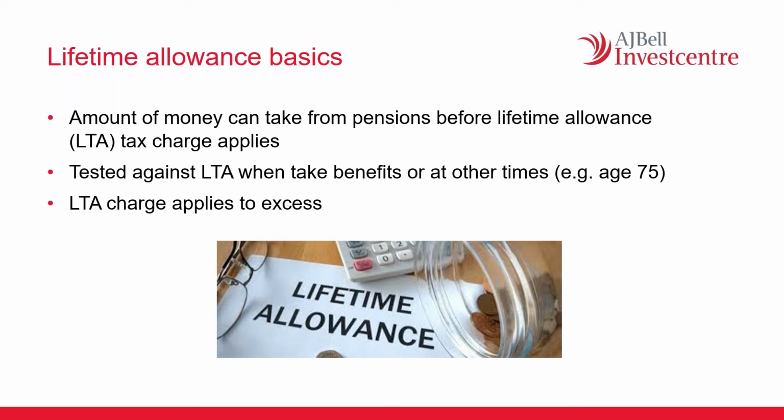So the lifetime allowance, basically, is an amount of money that you can take from your pensions in your lifetime before the lifetime allowance tax charge applies, the LTA tax charge. You're tested against the LTA, generally speaking, when you access benefits, and there's a couple of other occasions as well.